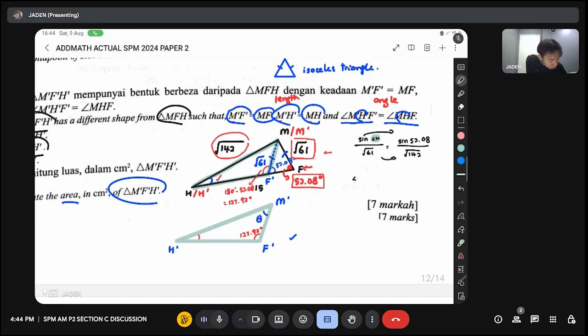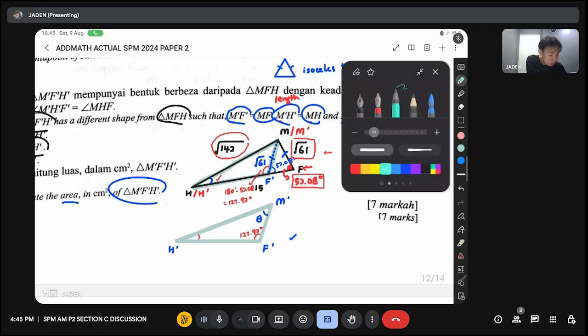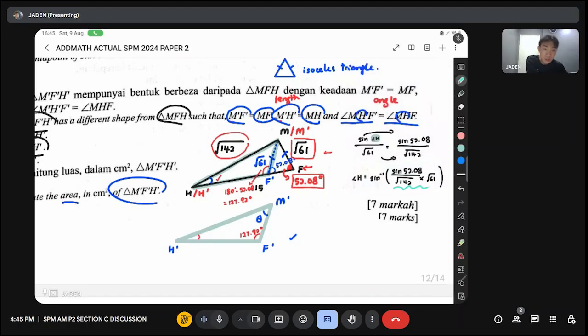Your angle H can be found by sin inverse of the bracket: sin 52.08 divided by √142 multiplied by √61, close bracket. Make sure when you press the calculator that you finish everything inside the bracket first, and only then do shift sine and the answer.